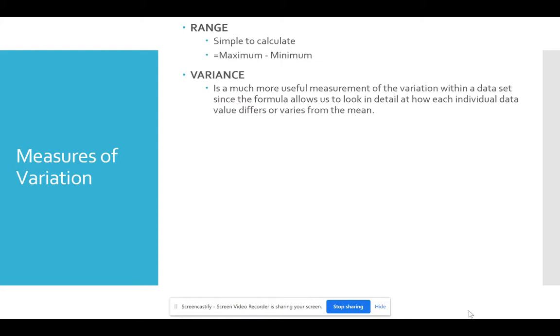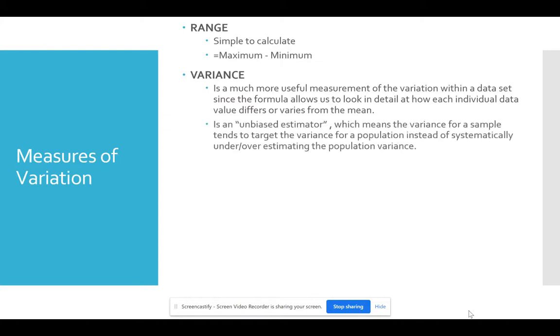You look at the relationship between each individual data value and the mean, and it's what we call an unbiased estimator, which means that as you're looking at your small group or your sample and calculating the variance, that variance for the sample tends to target and hit the bullseye almost every time for what the variance would be for the population.